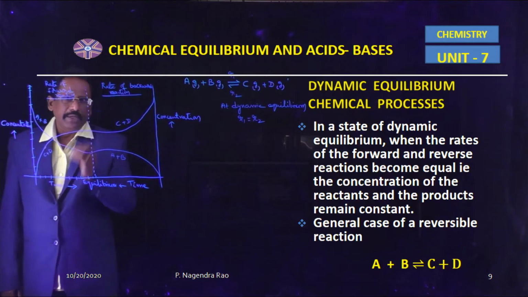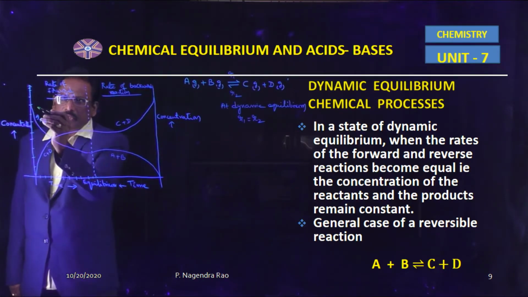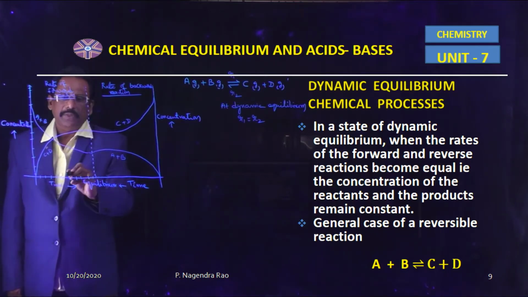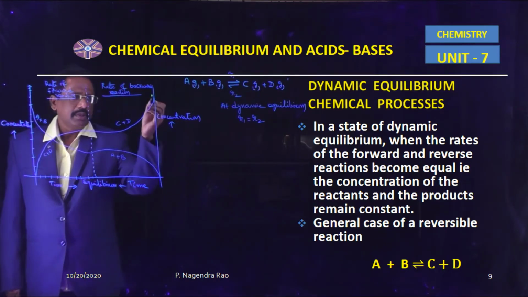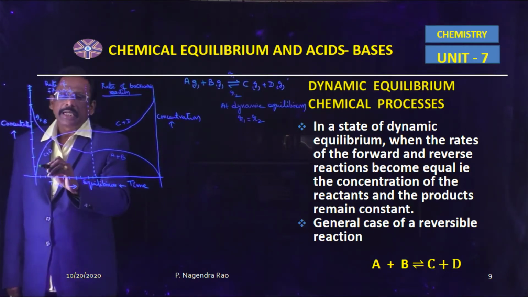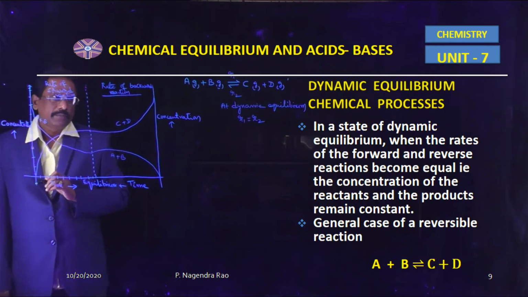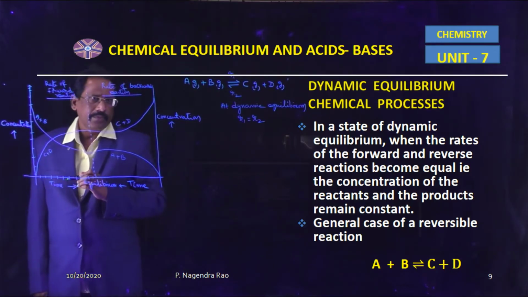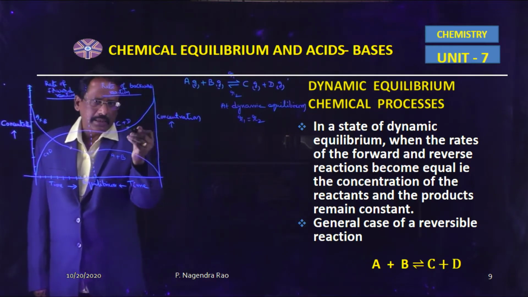So this graph indicates in the rate of forward reaction, slowly the concentration of the reactants decreases with respect to time. At the same time, in the forward reaction, slowly the concentration of the products increases. Now, in the backward reaction, also the reactants concentration decreases.